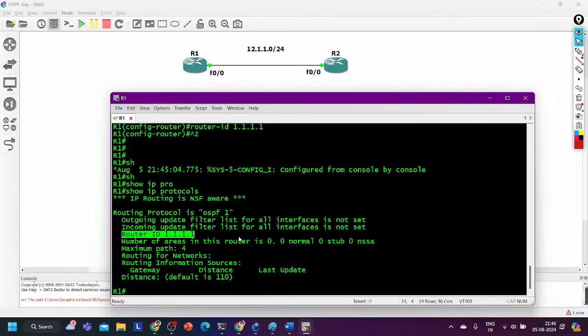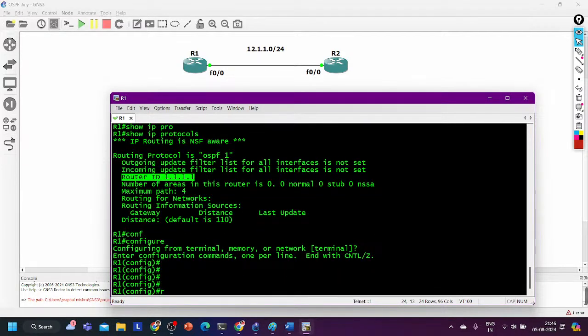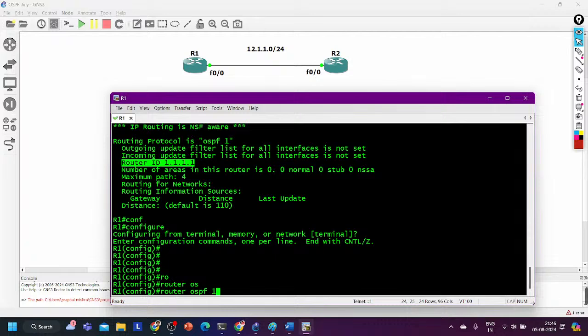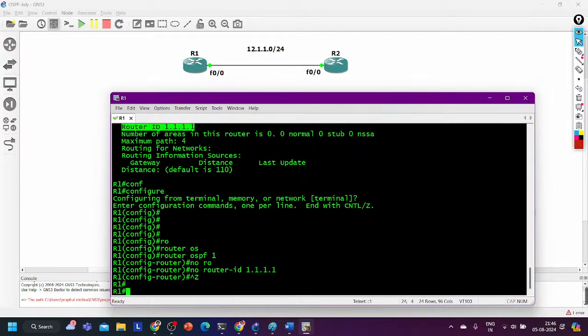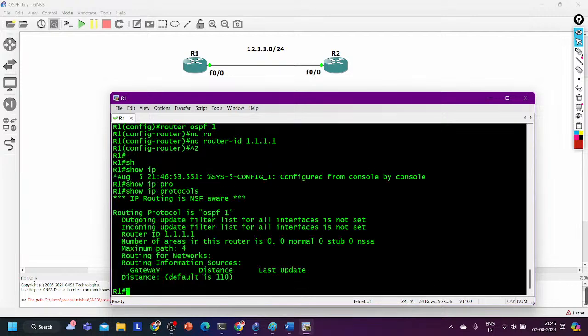Now on router number 1, I am going to remove the router ID configuration: router OSPF 1, and say no router ID 1.1.1.1. Show IP protocol. What is the router ID?